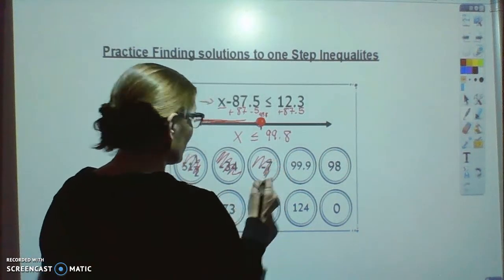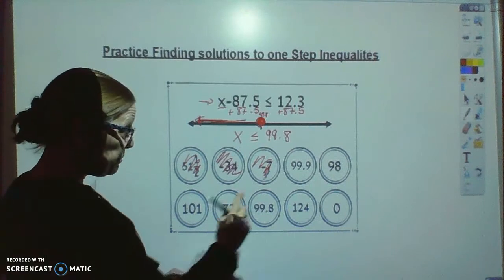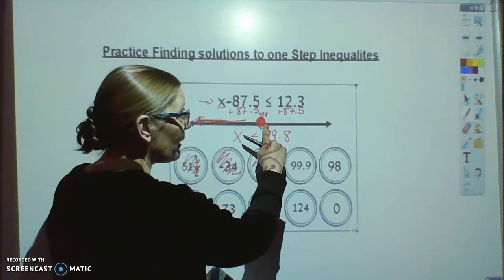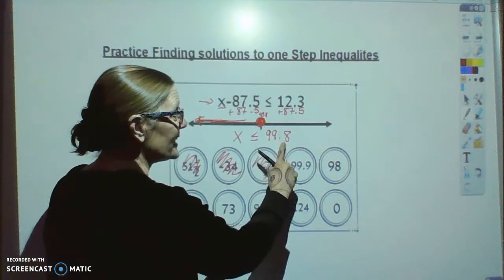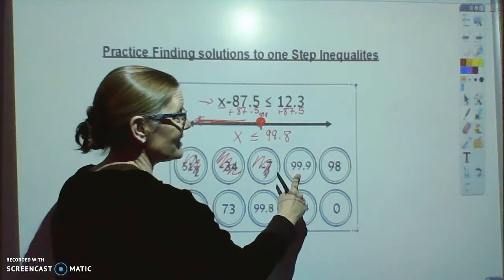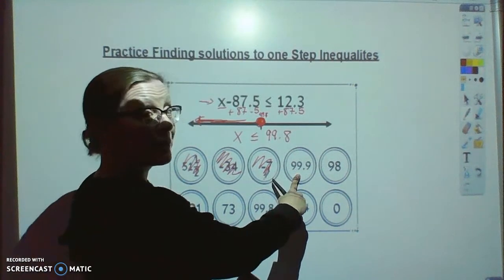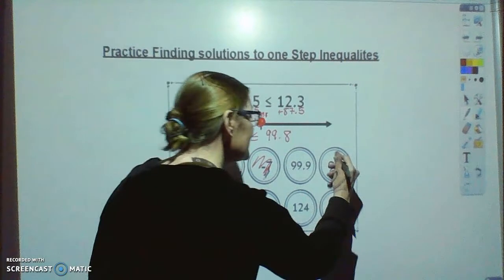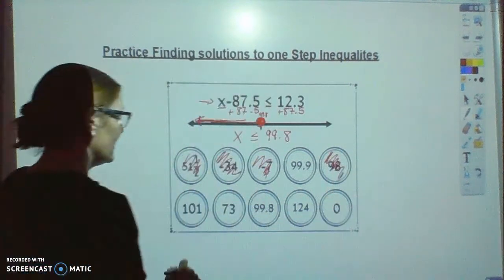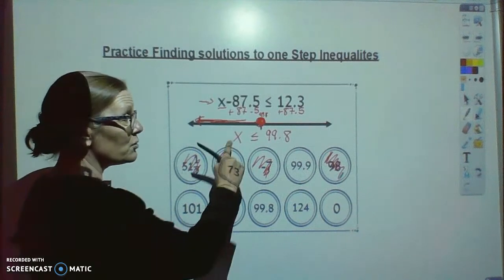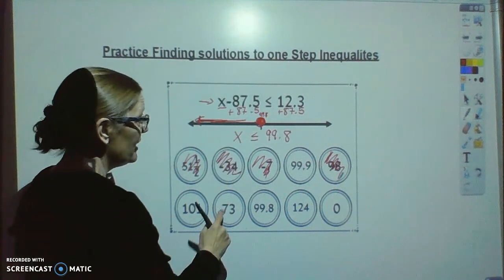Any negative number is going to be less than 99.8. 99.9 would be to the right of 99.8. That is not less than or equal to. So that is not a solution. I'm not going to color it in or select it. 98 is less than 101, that's going to be bigger. So it is not a solution that makes this inequality true.